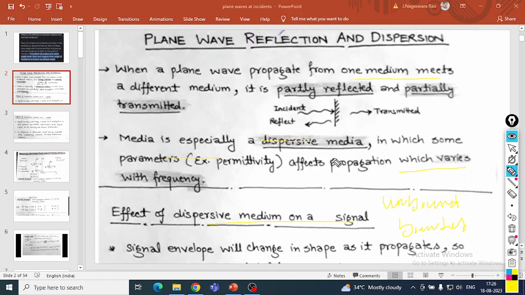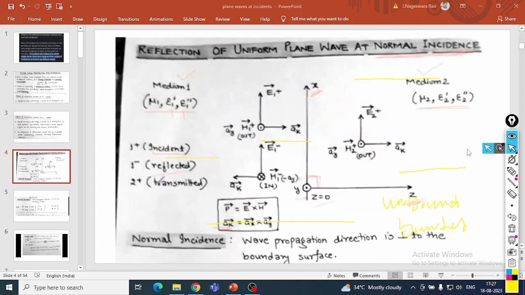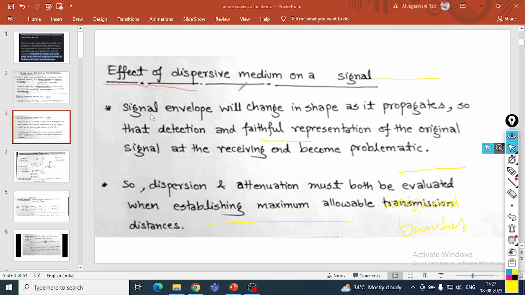But if you observe this slide, the medium is especially dispersive, in which some parameters affect propagation and vary with the frequency. Due to this effect, a wave going from medium 1 to medium 2 is partially reflected and partially transmitted. Here you can observe the effect of dispersion in a medium on a signal.